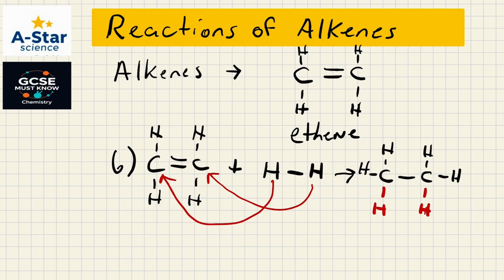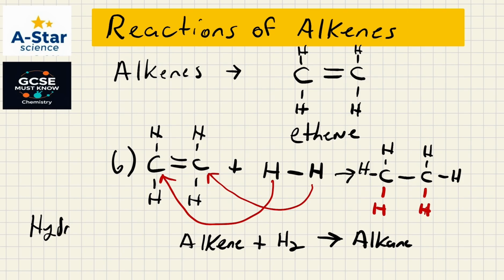So we can see this is a good reaction where an alkene plus hydrogen is going to form an alkane. So this is a way to actually make it saturated, to cause the alkene to become saturated. And we call this, because we're adding hydrogen, hydrogenation.